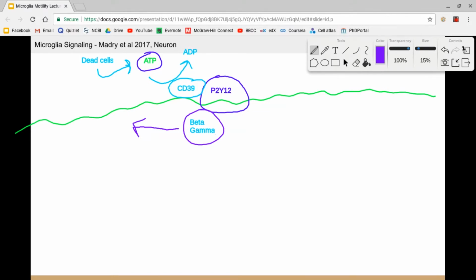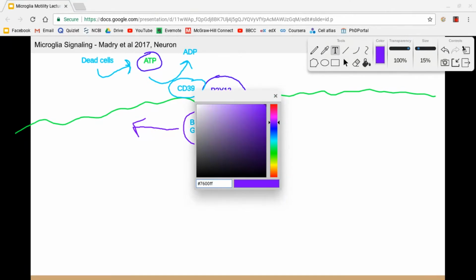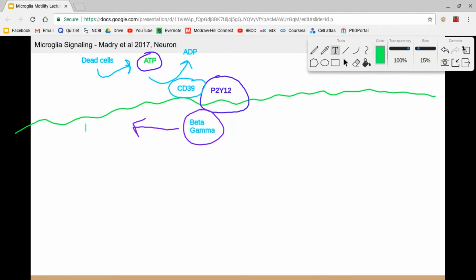The beta gamma subunits diffuse to the THIK1 potassium channels. The THIK1 potassium channels are also embedded in the membrane, and they're outward rectifying potassium channels, which means when they're activated by the beta gamma subunits, it causes the efflux of potassium. So potassium efflux.